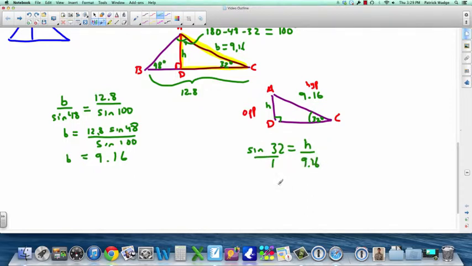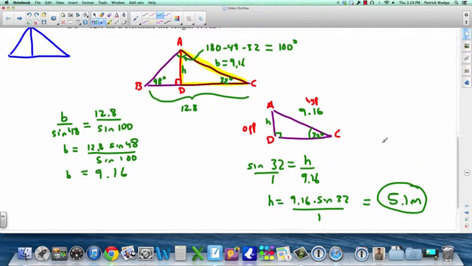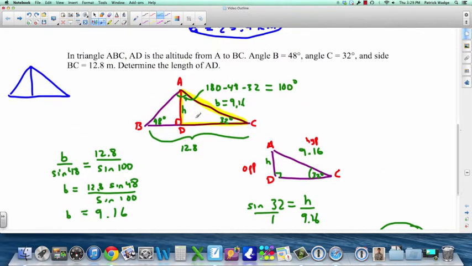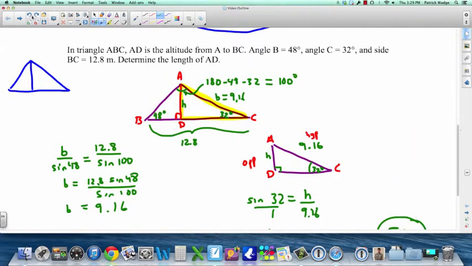Put over 1 and cross multiply. H equals 9.16 times sine 32, and divide it by 1, which won't make a difference. If you do that, you end up with 5.1 meters. And if I look at that answer, and the sort of numbers we have here, 12.8, 9.16, 5, yeah, it sounds good. So that's that question.